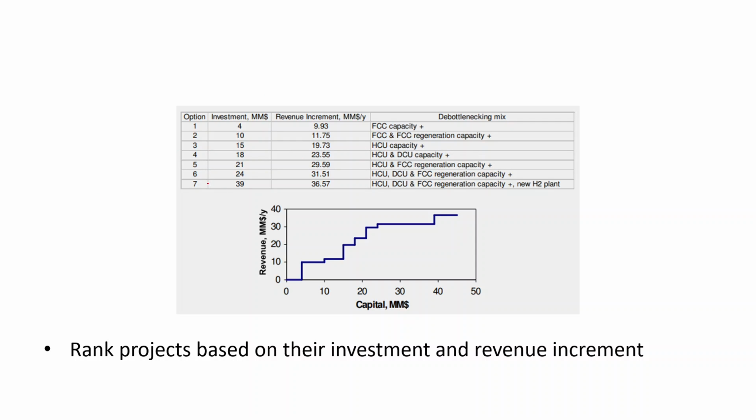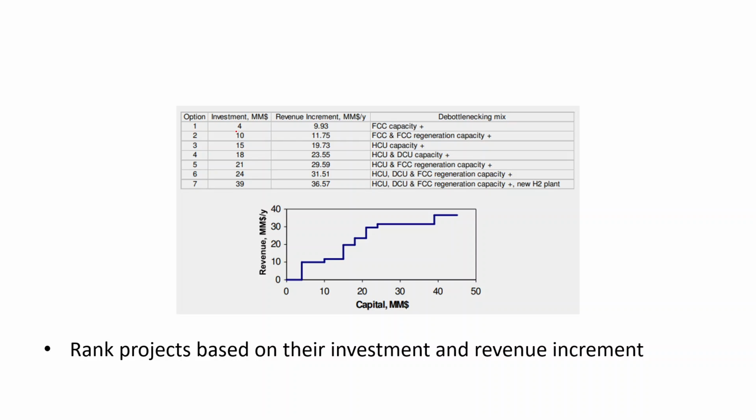So an approach here is that you make this kind of curve. You have 7 projects, in this case 7 debottlenecking projects. You created 7 options, and then you put them in ascending order like this.